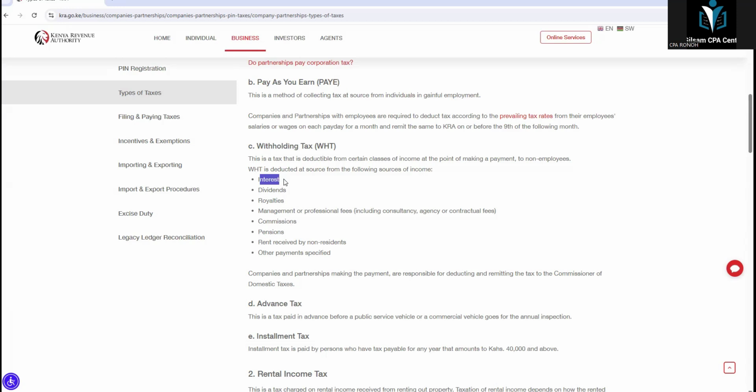Contractual fee is 3%. So if I come to your company and do contractual work, at the point of payment you will remain with 3%, which you will submit later to the Kenya Revenue Authority. We have commissions: other than insurance commission, you pay 5%. Then for commissions, others are 15%.